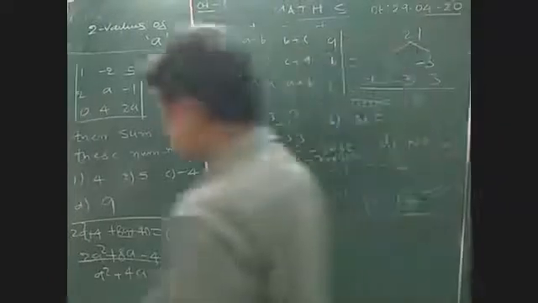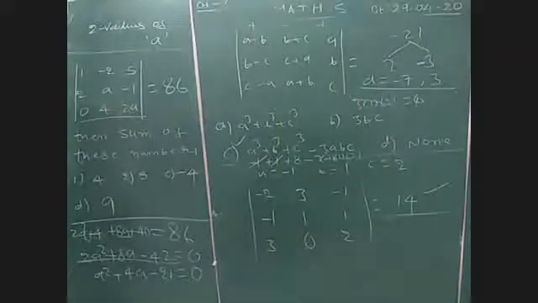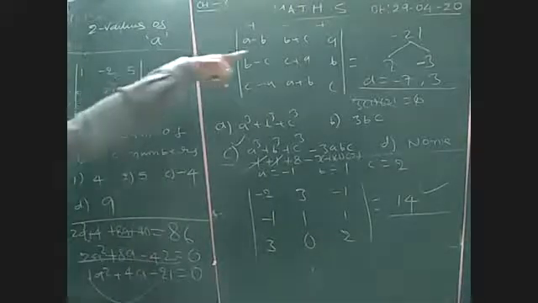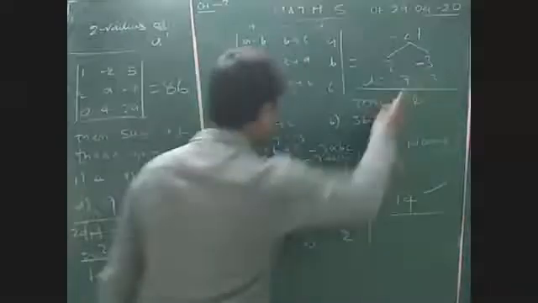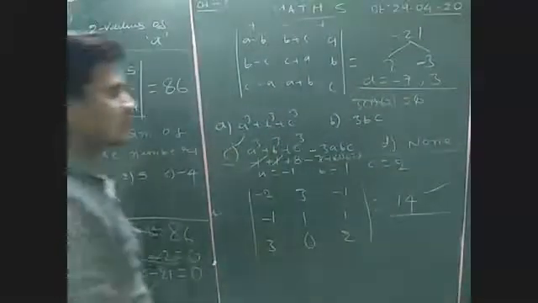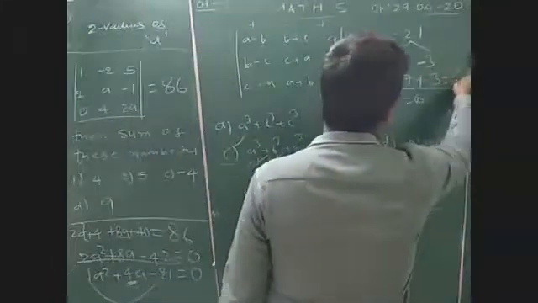Simplify this equation and you will get A values minus 7 and plus 3, because 1 into minus 21 is minus 21, and the factors of minus 21 are 7 into minus 3, so 7 minus 3 becomes plus 4. So the A values are minus 7 and plus 3. Adding these gives minus 4. That option is right.